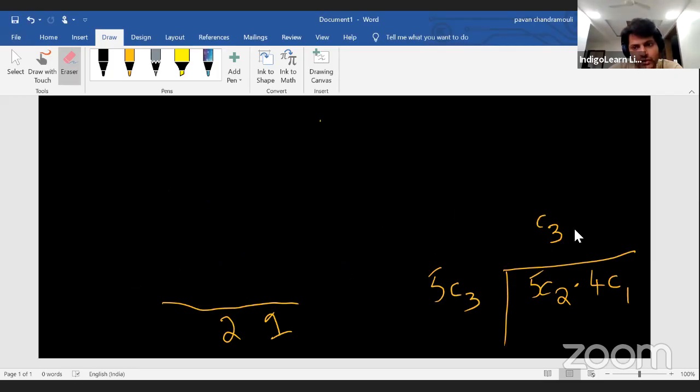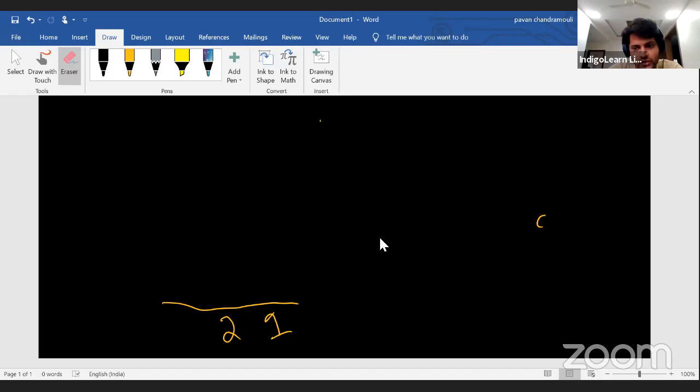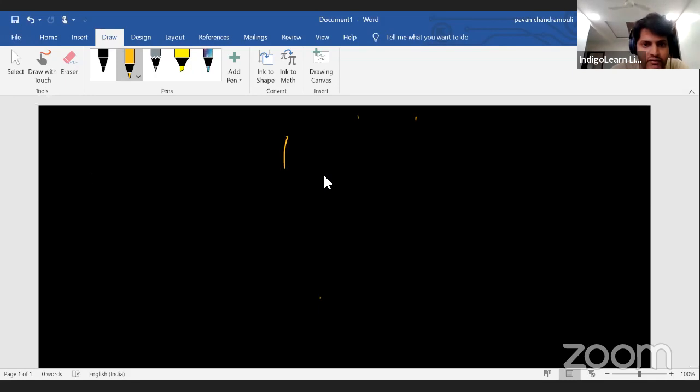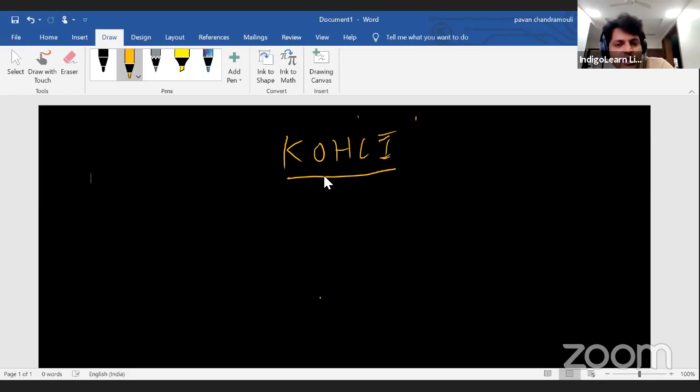Let's use one very popular cricketer to go about this problem. Let us assume we have Kohli. So let's use the word Kohli to solve our problem. I'm just underlining this. You can see Kohli is a 5-letter word where every letter is unique.